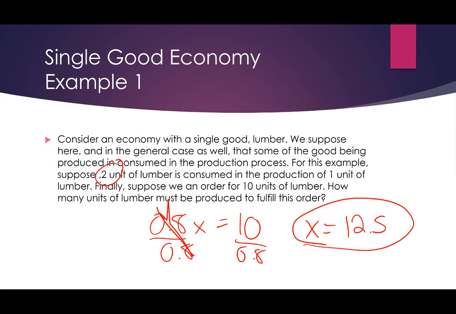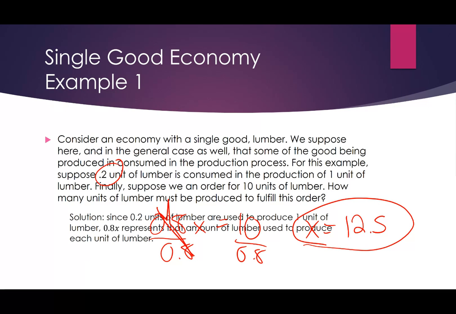I can't cut down 10 trees to make 10 2x4s because some of that wood gets used in the process. So I need 12 and a half trees so that all that extra wood that I'm wasting, I've set aside, and I end up at the end of this with 10 2x4s, 10 of that exact unit that I was trying to get. Okay, hopefully that makes a little bit of sense.